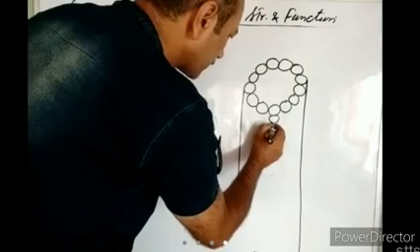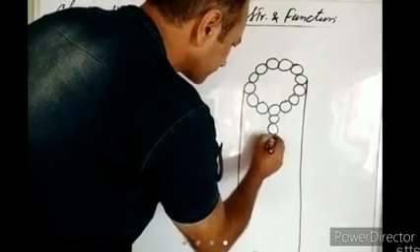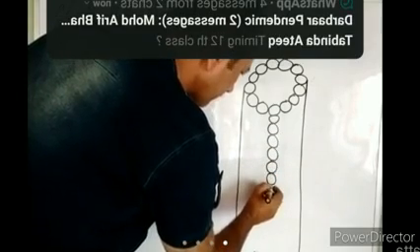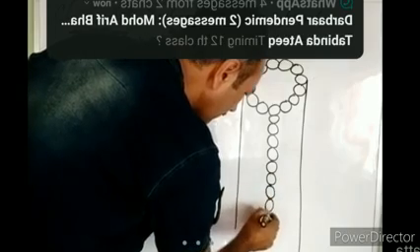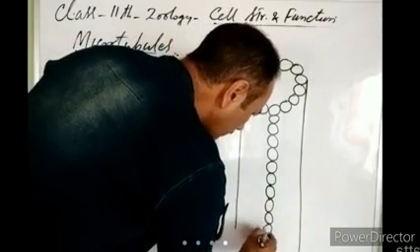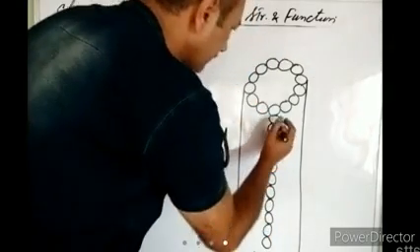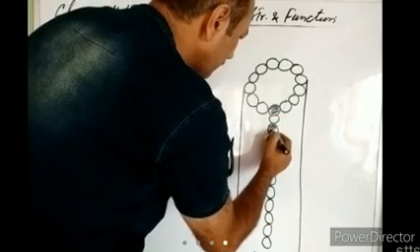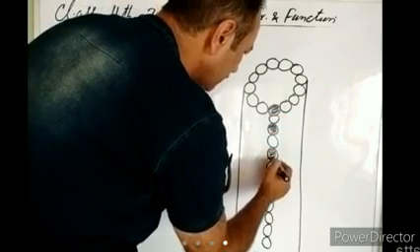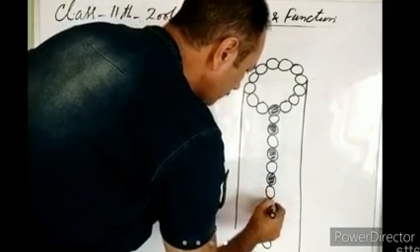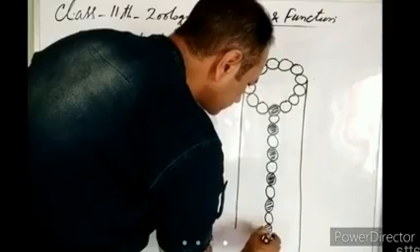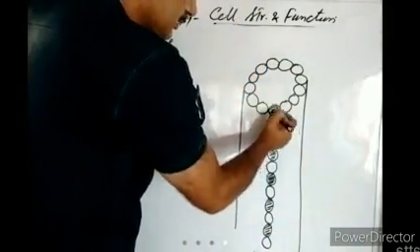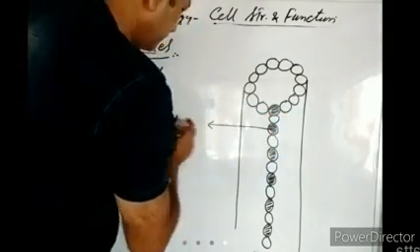Each protofilament is formed of tubulin dimers. This is alpha tubulin, and this other one is beta tubulin.